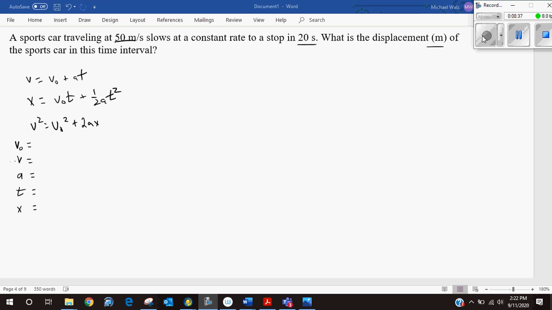Yes, very good, Tucker. The initial velocity is 50 meters per second. Your time is 20 seconds. This is what we're looking for. We don't know the acceleration.